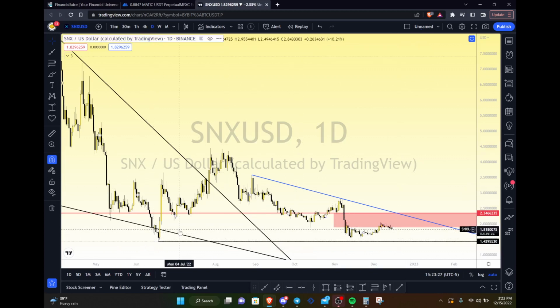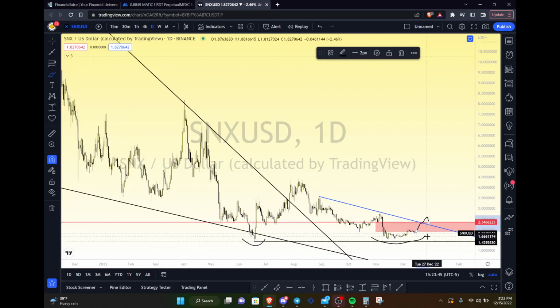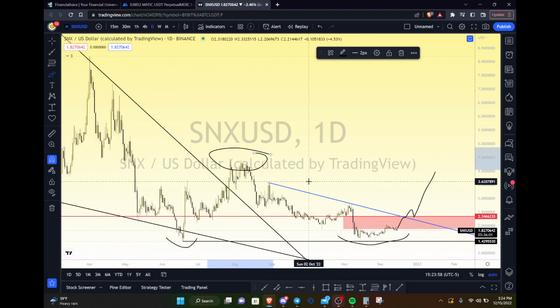So you have this bottom right here, and then you're having this curving up potentially if we can get this consolidation validated as bullish and come test out this structure and potentially break through and then have a retracement. Then you're looking at, okay, SNX could be beginning a double bottom structure and then breaking out towards potentially these highs up here to grab the liquidity above that zone. So overall, I have a bullish tinge, a bullish hue on the daily chart.